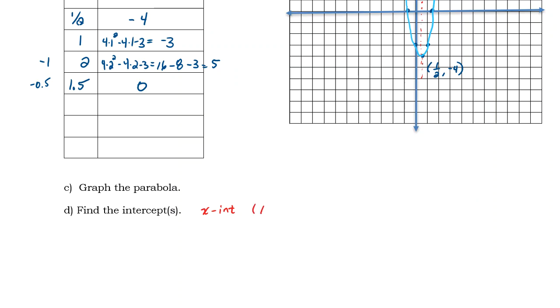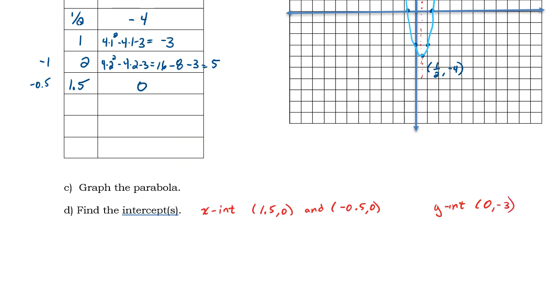You don't always draw a graph when you're trying to find the intercepts, but I can see that my x-intercepts are 1.50 and -0.50. My y-intercept is right there. What is that, -3? 0, -3. Okay, so how would we do this algebraically?